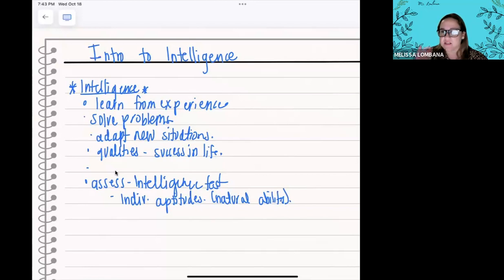Okay, so that is an intelligence test. Make sure that you have all of the different components, that it's not just your aptitude, which is your natural abilities, but it also compares with others, because yes, we as humans love to compare ourselves to one another.